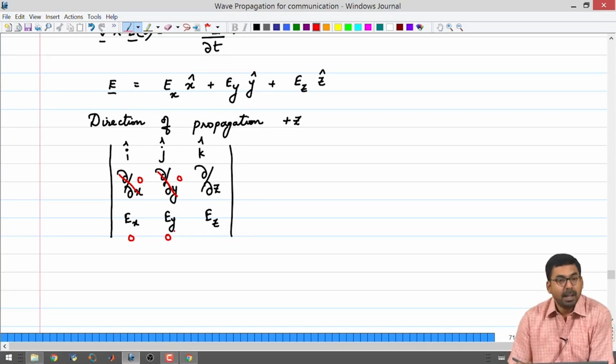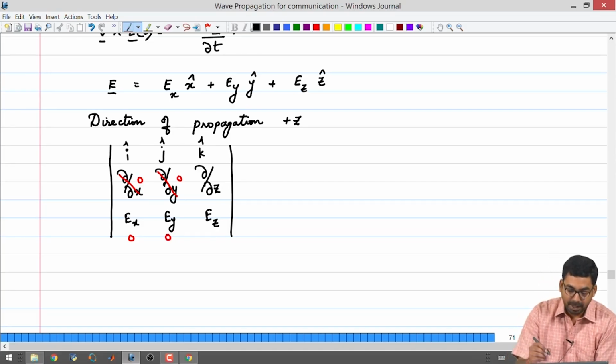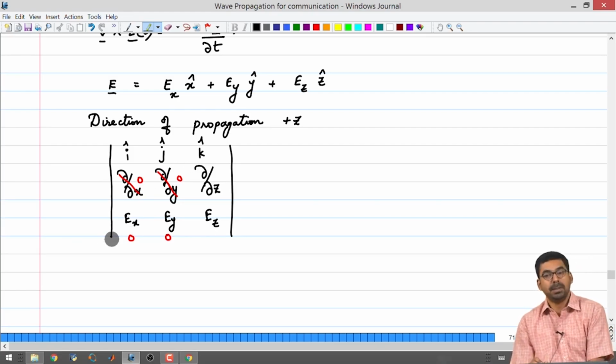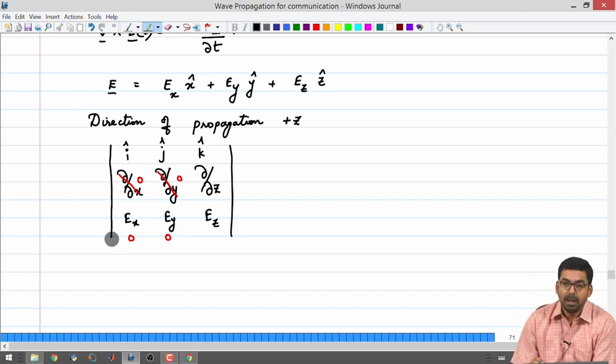If you did that, when you find the left hand side, you will have i times 0 minus 0, minus j times 0 minus 0, plus k times 0 minus 0. The left hand side becomes 0, and consequently the right hand side also should become 0.